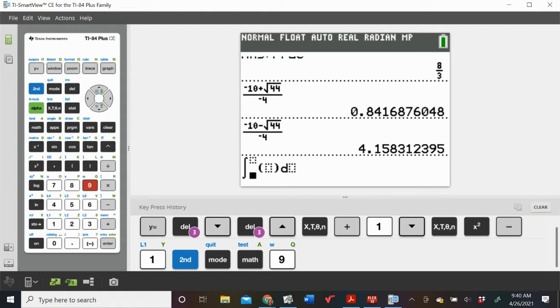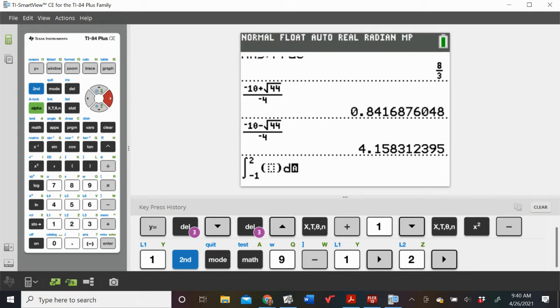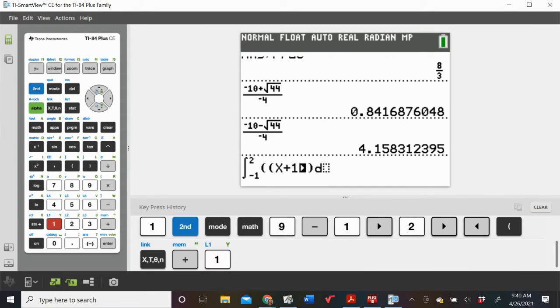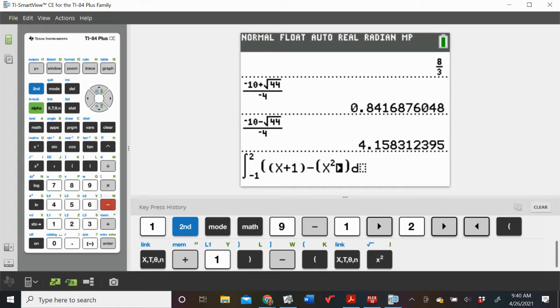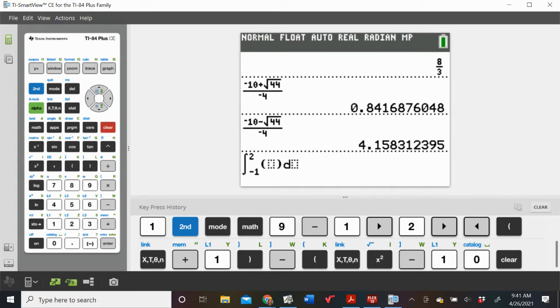My integral is going to go from -1 to 2, x plus 1 in parentheses, close the parentheses, minus, also in parentheses, x squared minus 1, close parentheses. I'm not going to do it this way. That's why I did it here.